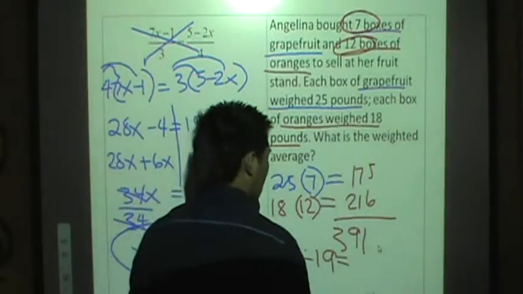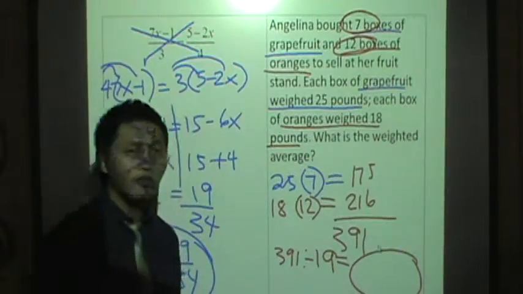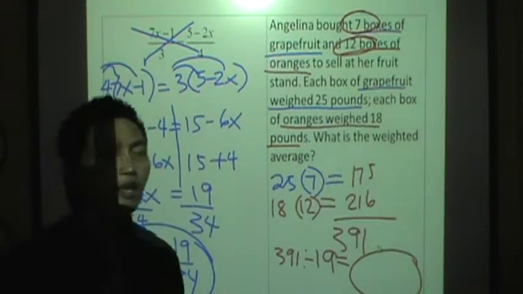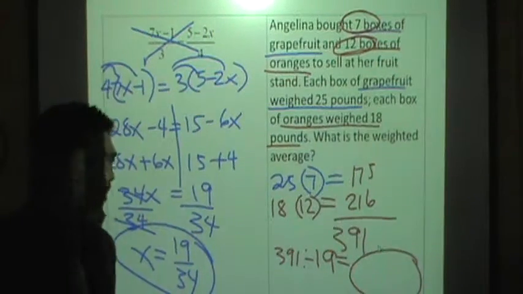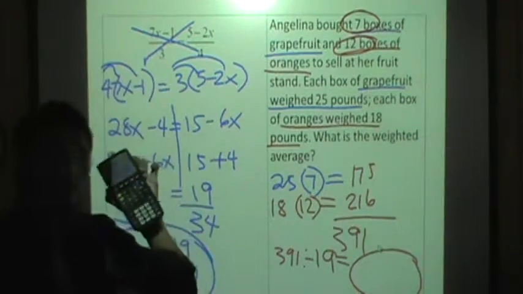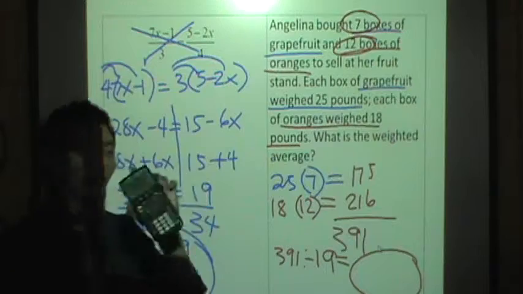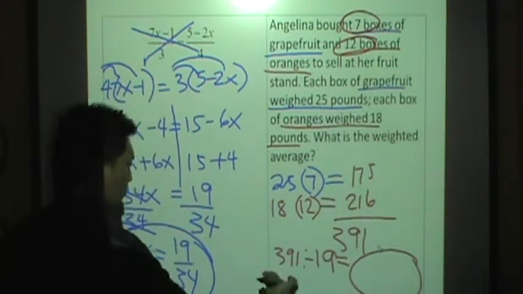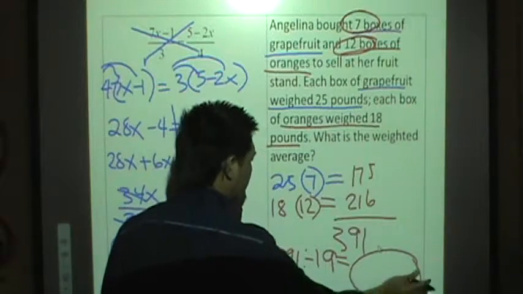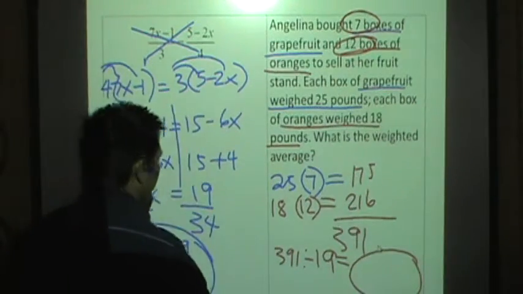I just want to make sure that you have your own calculator there. You know that each of you has a laptop, and in your laptop you will be able to find your Texas Instruments calculator. So here, 391 divided by 19, that's going to be the average.